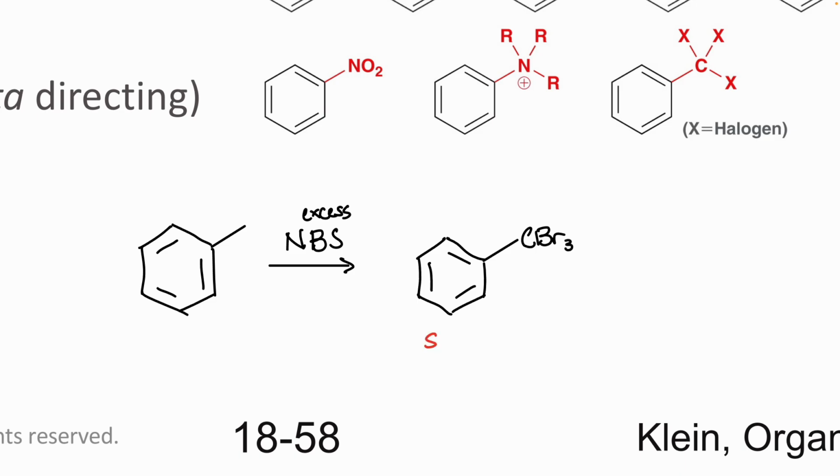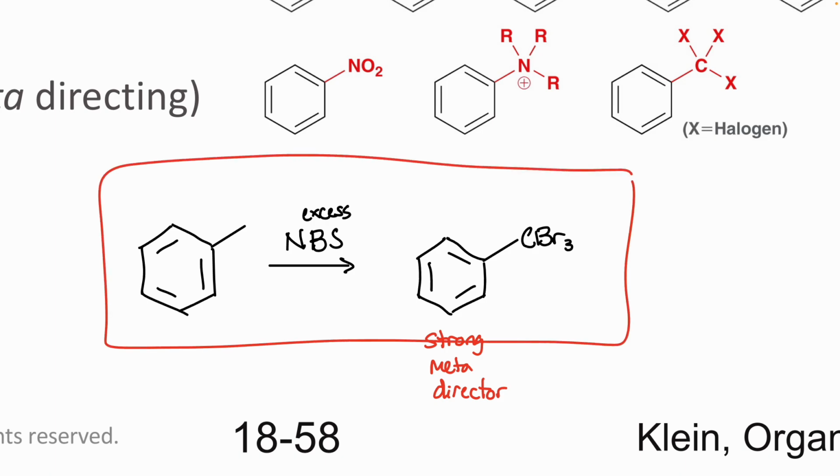And again, this one is a strong meta director. A carbon with three halogens on it is a strong meta director. Just one to note, because like our nitrobenzene, we know how to make that.